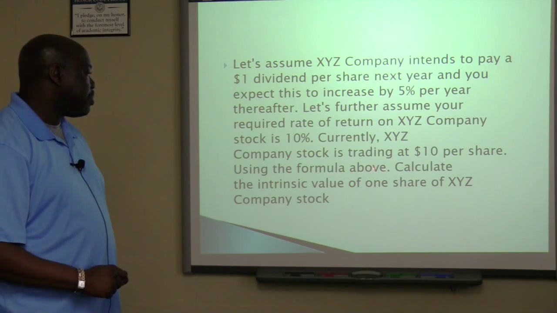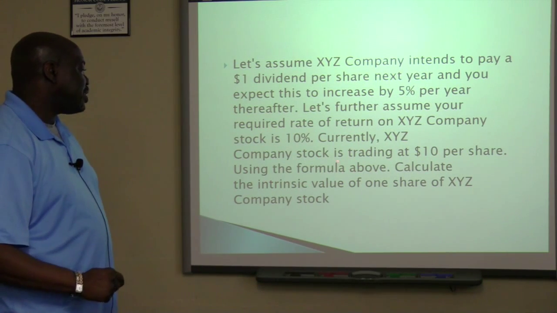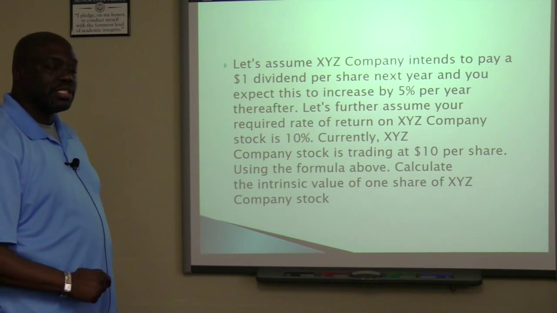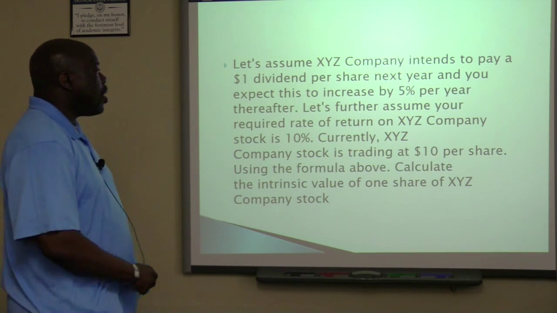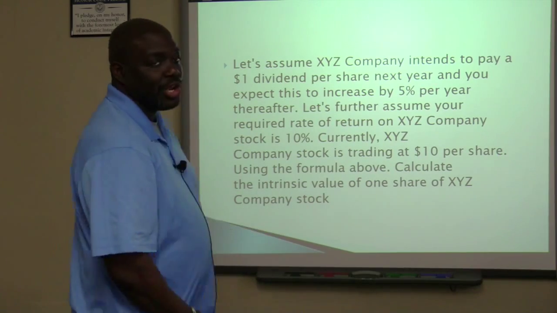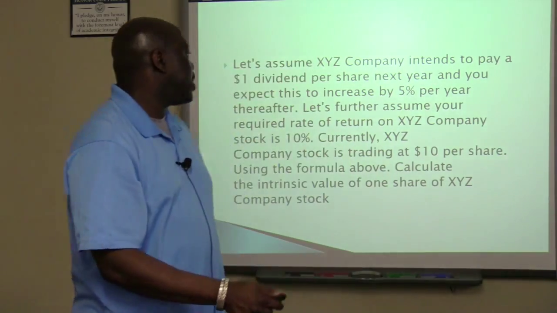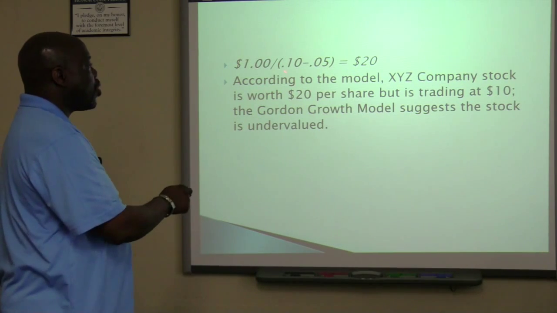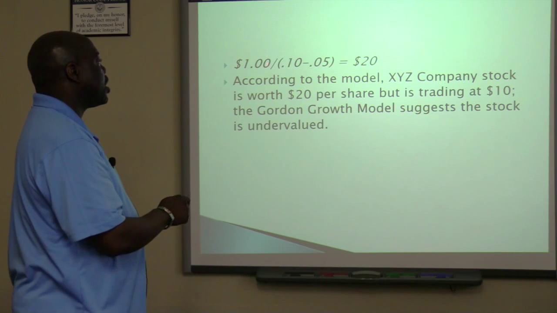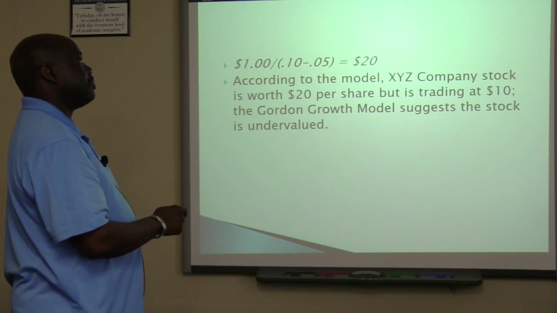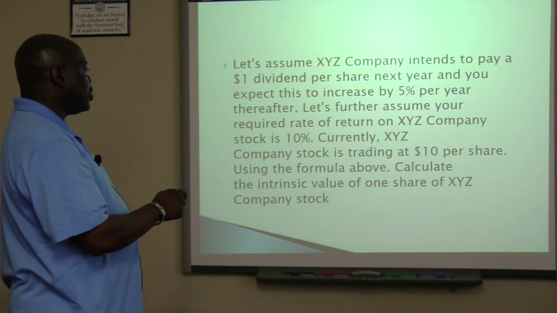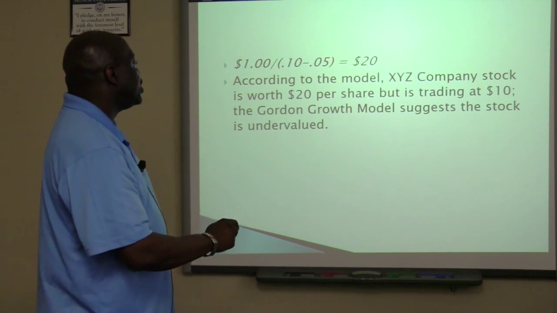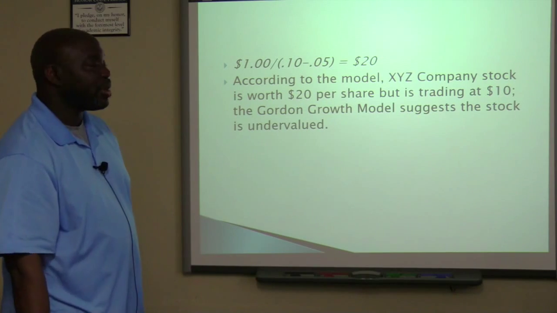Using the formula above, calculate the intrinsic value of 1 share of the XYZ company stock. Well, we already know we're talking about next year, so this is the next dividend formula. That's going to be the dividend divided by required rate of return minus growth, and this should be selling for $20.